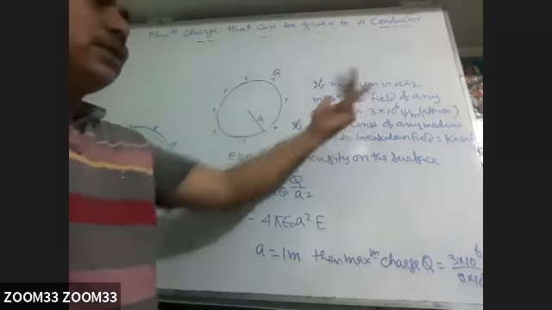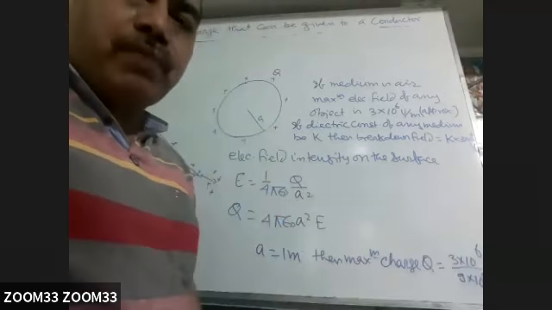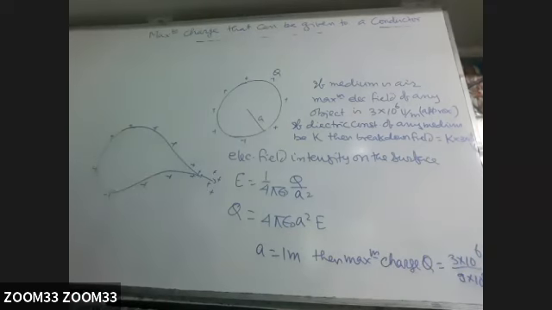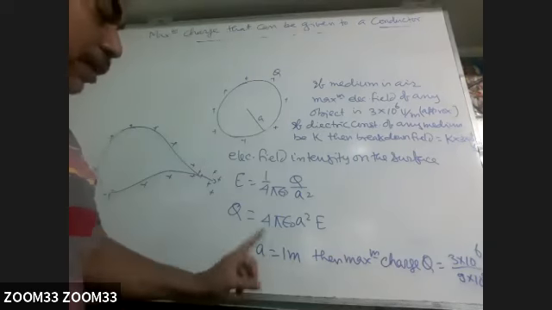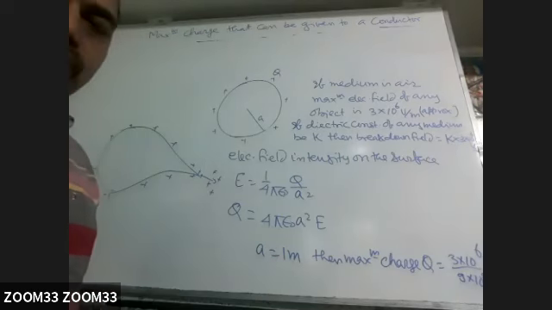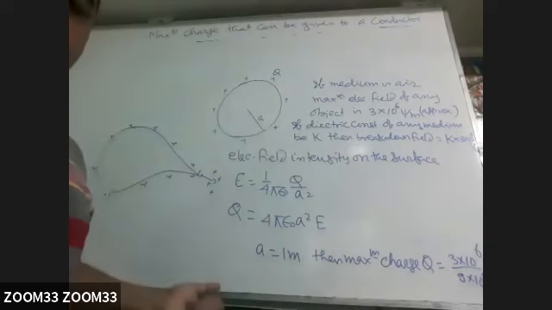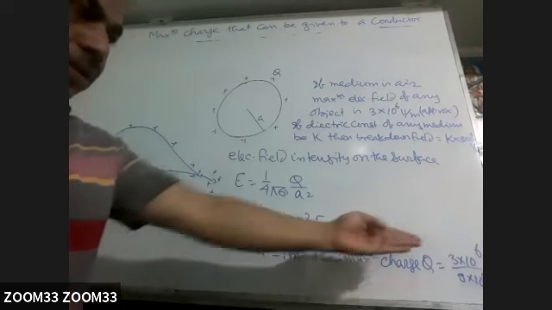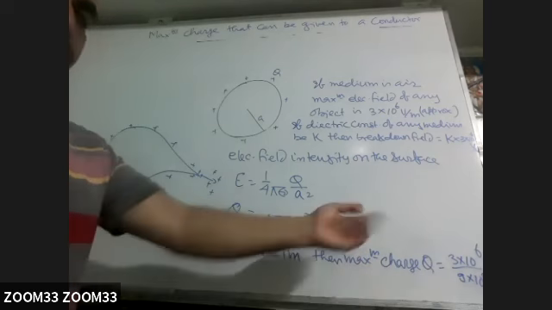If the electric constant is 3, then here also 9, here also 9. So what will be? 10 to the power minus 3. So 1 millicoulomb. So we can't give a charge of 1 coulomb to a sphere of radius 1 meter. Then what will happen? It will start leaking the charge. It cannot keep that much charge. So how much charge can it keep? That is the maximum, of the order of millicoulomb only.